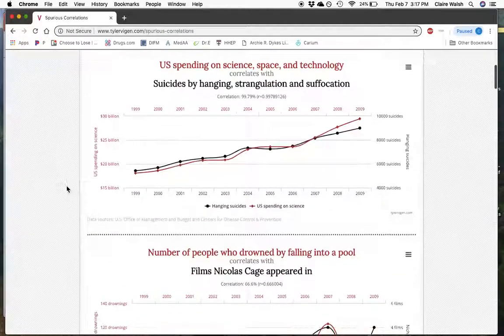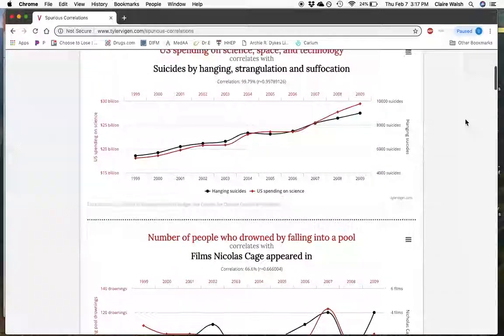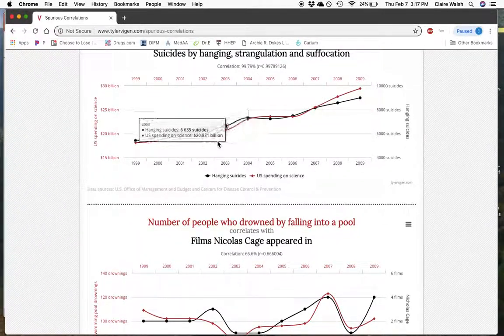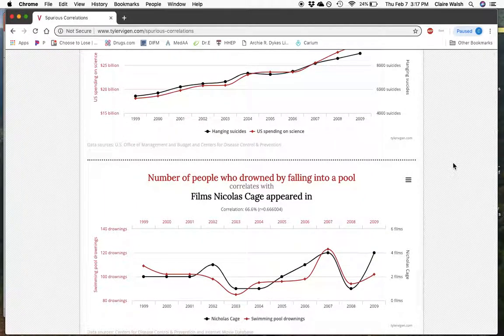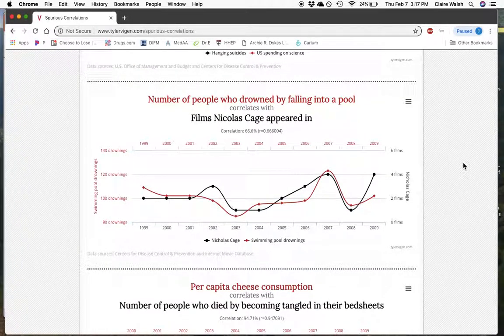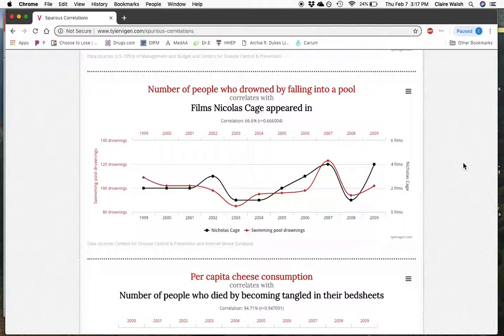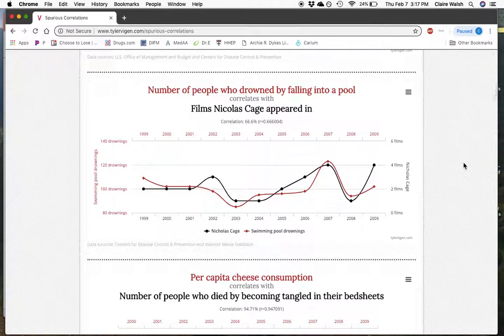So, U.S. spending on science, space, and technology is very positively correlated to suicides by hanging, strangulation, and suffocation. Clearly, one has nothing to do with the other, but they almost follow exactly the same trend line, which is pretty weird. People who drowned by falling into a pool correlates with films Nicolas Cage appeared in.